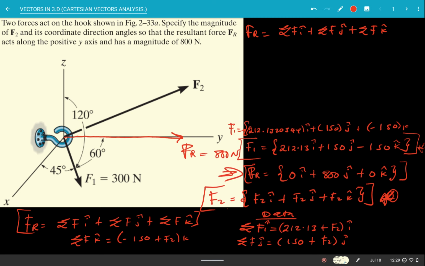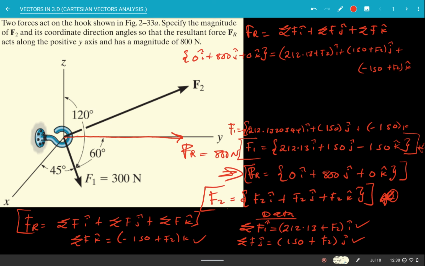So I will write 0 in the I plus 800 in the J plus 0 in the K, and that is equal to the sum of the components: in the I, 212.13 plus F2 in the I, plus in the J, 150 plus F2 in the J, plus in the K, minus 150 plus F2 in the K.